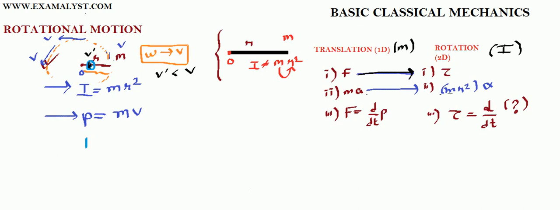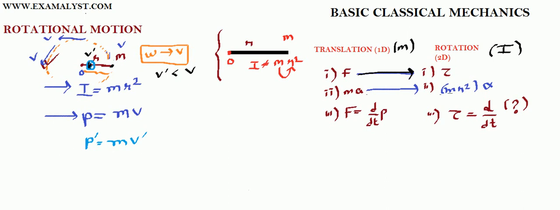The new momentum is with the same mass, but the velocity is different, that is v dash. So the new momentum p dash is m into v dash. It means if you shift the mass on the string from one point to another, then the momentum is changing.